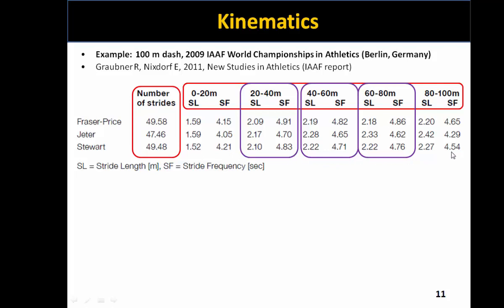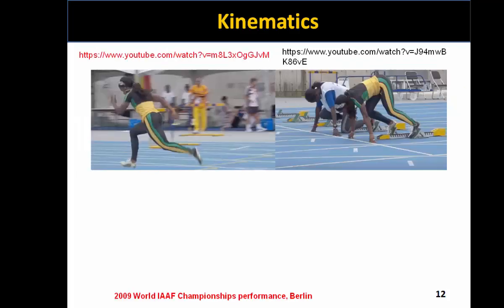So even though the 100 meters is a relatively short distance, athletes do experience a considerable amount of fatigue, as illustrated in the consistent drop in the stride frequency in the final 20 meters of the race. And this will define the overall kinematic performance variable that we'll see on subsequent slides.